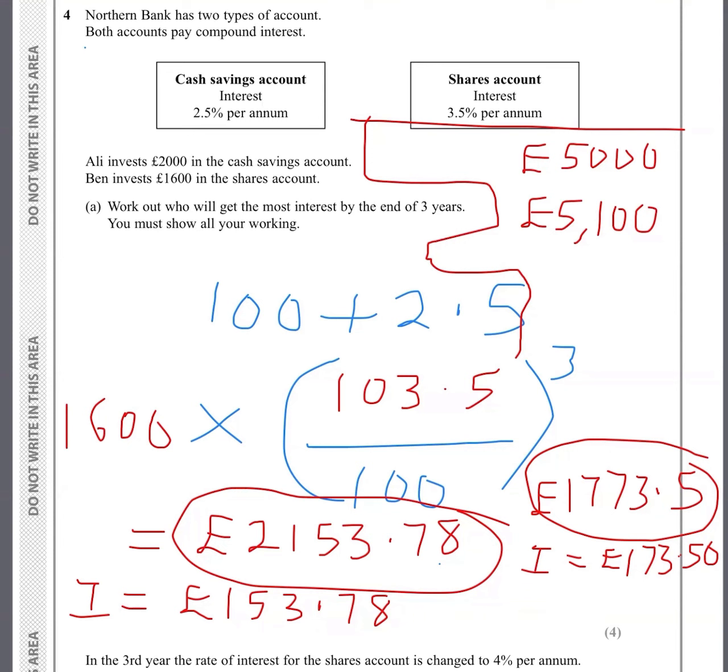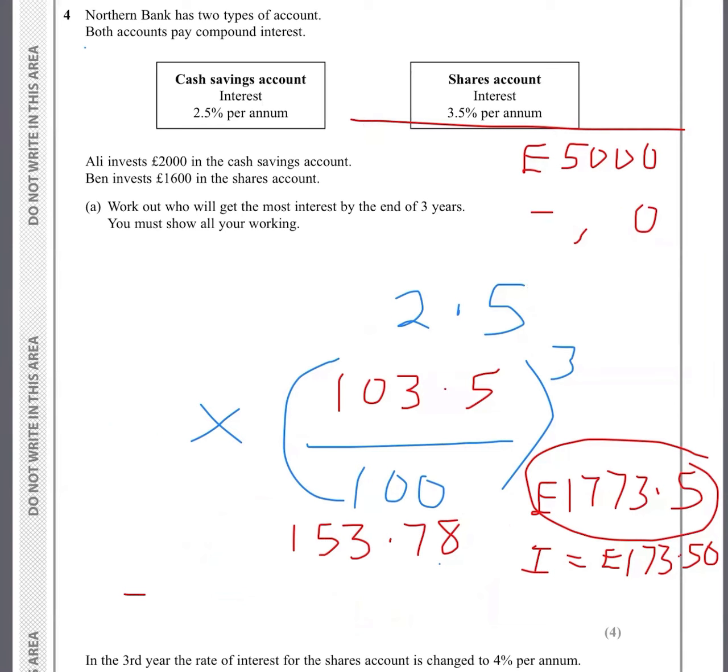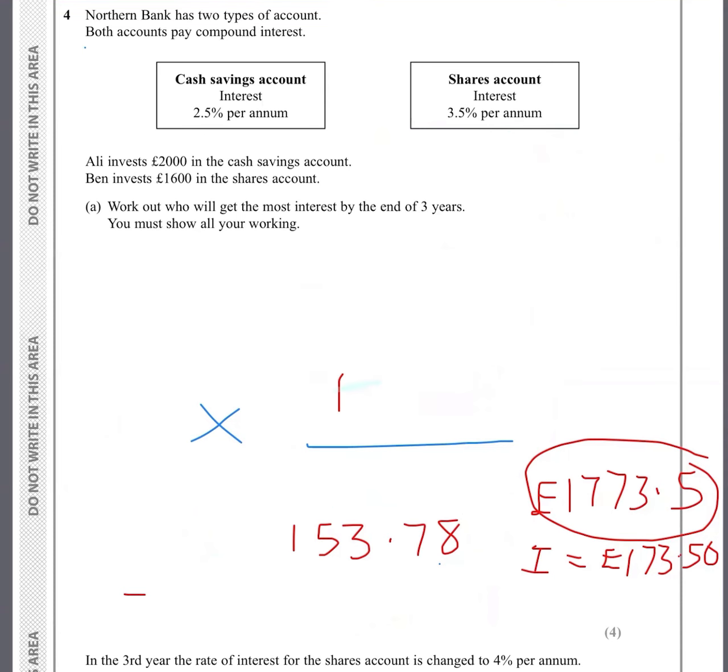Yeah, he gets a better interest, as shown on the screen. So this question is good. You shouldn't mix it up. Whatever lesson you have learned, please keep it. One lesson is the fact that you did not put over 100 the first time.